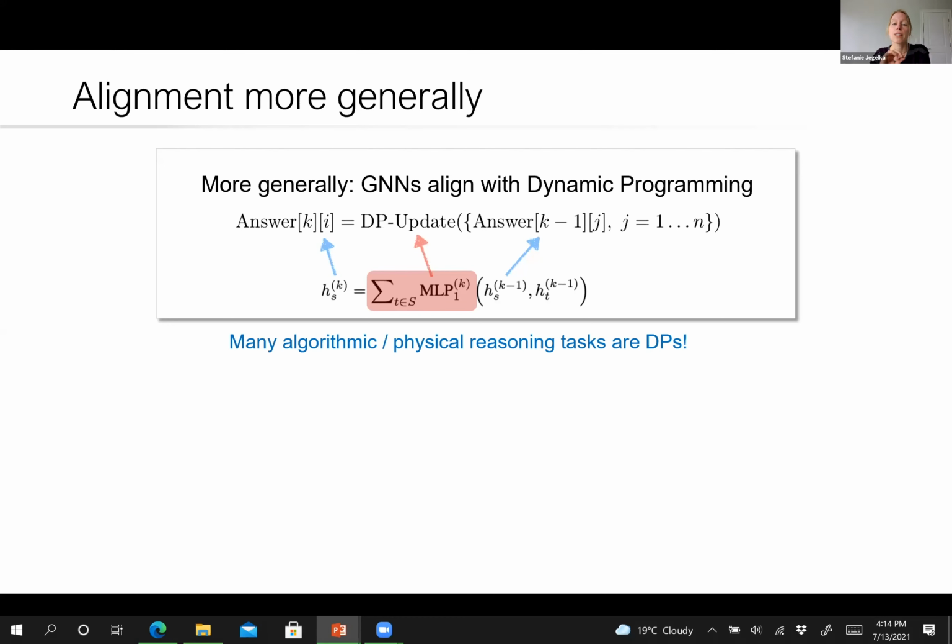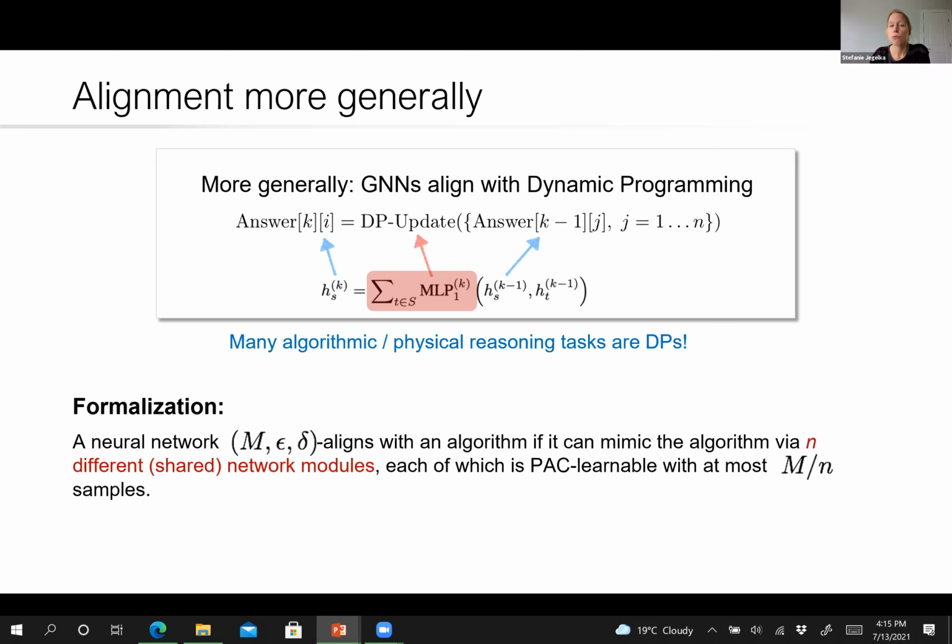And many of the algorithmic and physical reasoning tasks that people have been looking at in the recent deep learning literature have this flavor of a dynamic program with relatively simple updates. Many of these physical simulations are basically interactions, updates that depend on distances or so, but they are not very complicated functions.